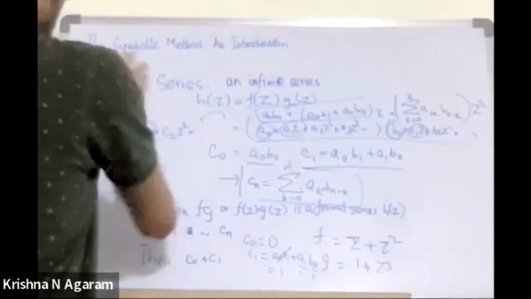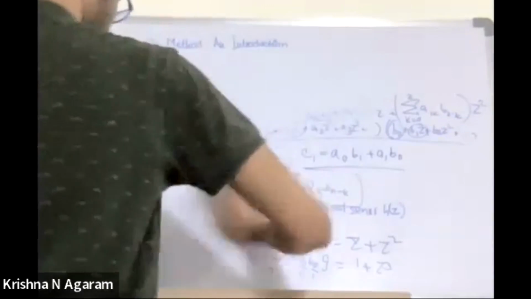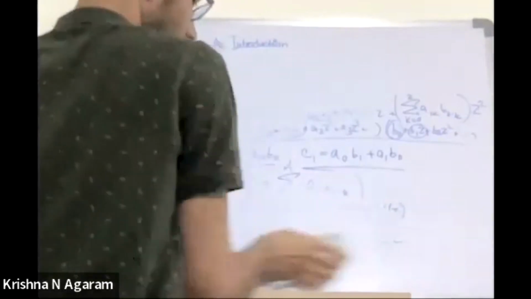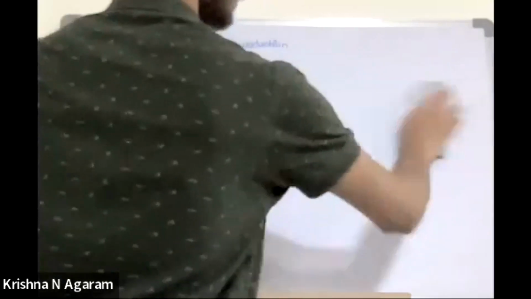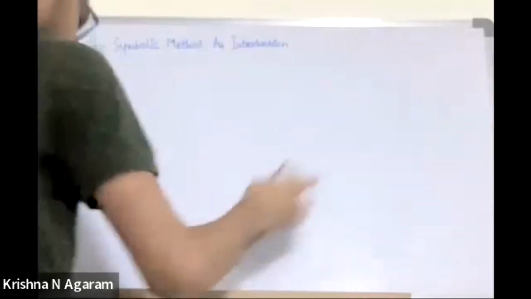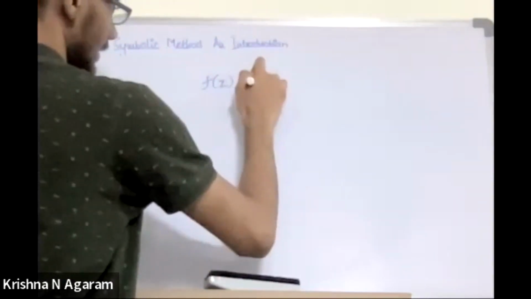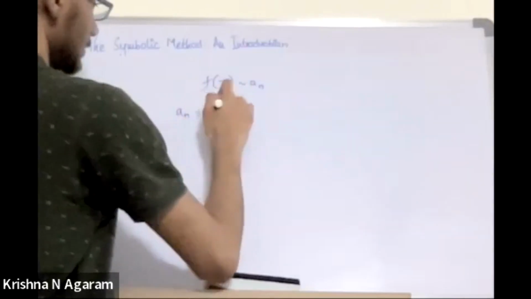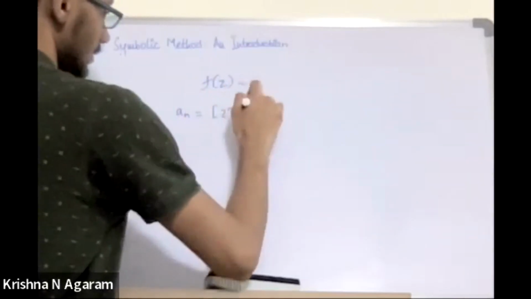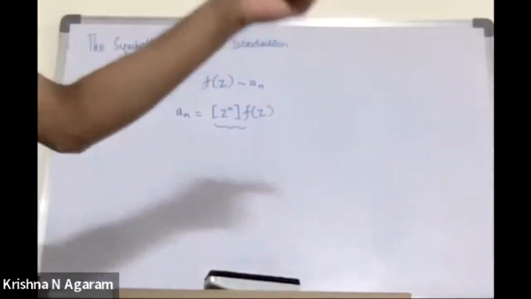So now we look at what a generating function is. One final thing, if you have a formal series F(z) which demarcates the sequence a_n, then you write a_n equals the coefficient of z to the n, where this notation means the coefficient of z to the n.